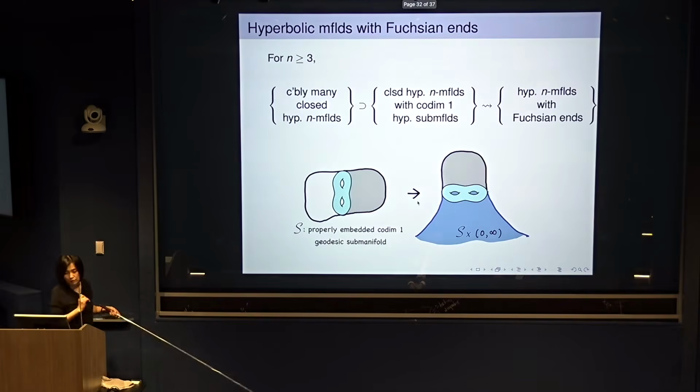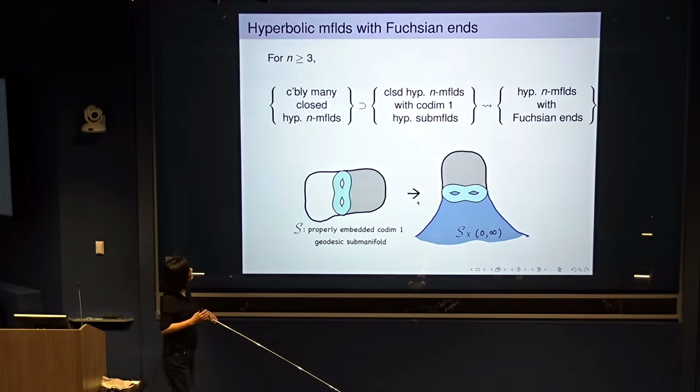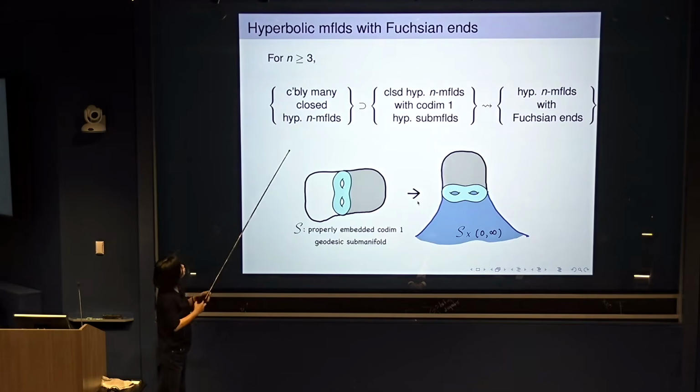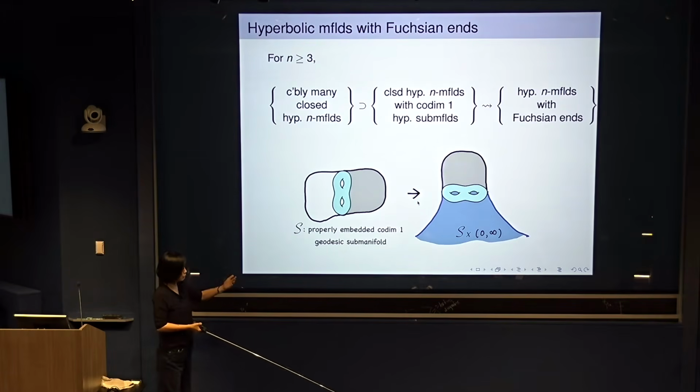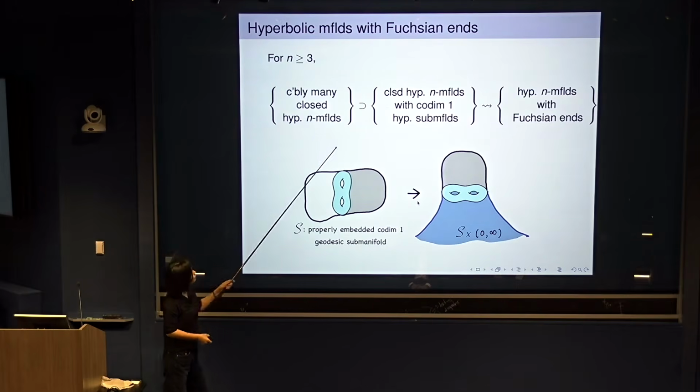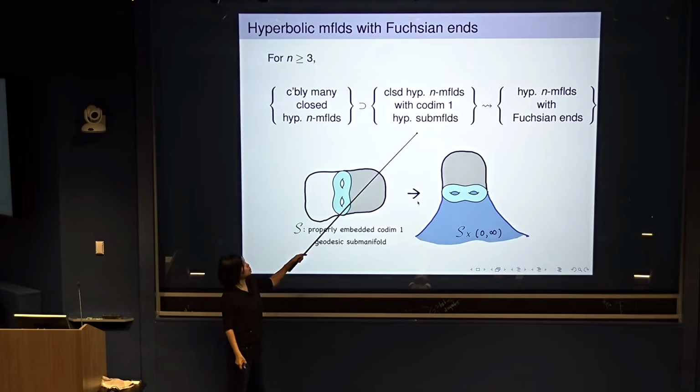Okay, so now we move to hyperbolic manifolds with Fuchsian ends, but in the higher dimension case. In higher dimension, I already told you there are only countably, but still infinitely many, closed hyperbolic n-manifolds, and some of them have codimension 1 properly embedded hyperbolic surfaces, and some of them don't. But there are infinitely many closed hyperbolic n-manifolds with codimension 1 hyperbolic submanifolds, like in this picture.